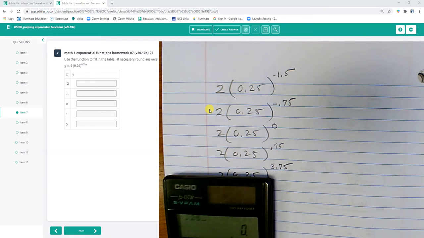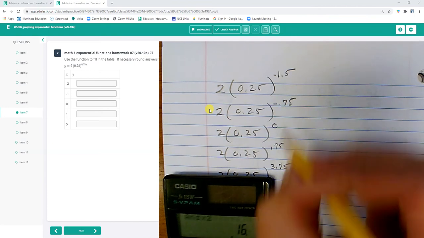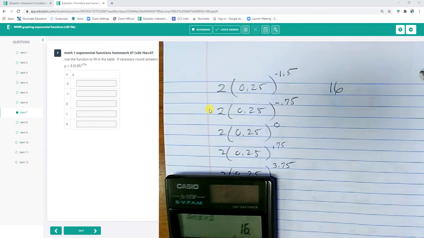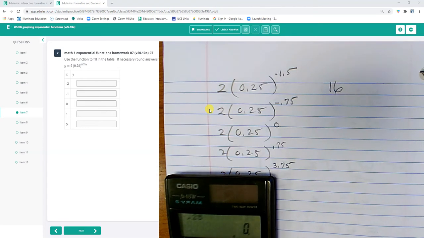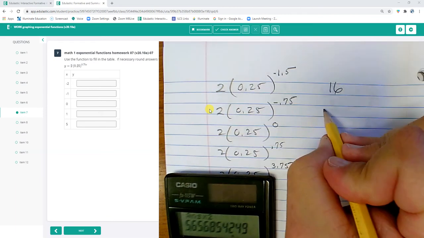So 0.25 raised to the negative 1.5 times 2 gives me a 16. 0.25 raised to the negative 0.75 times 2 gives me 5.7.